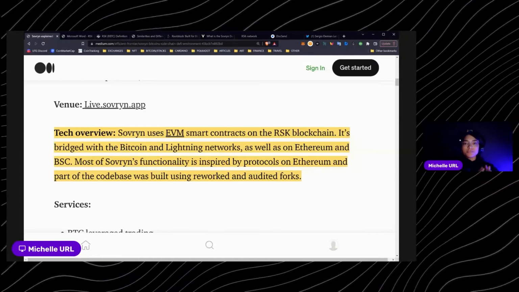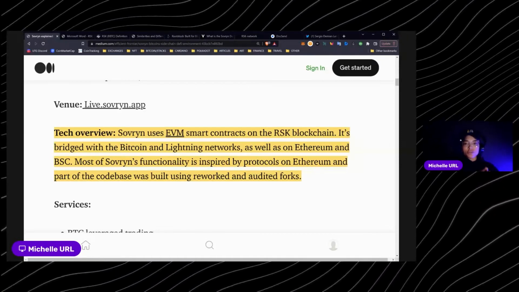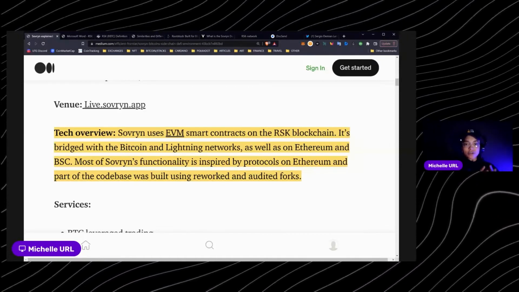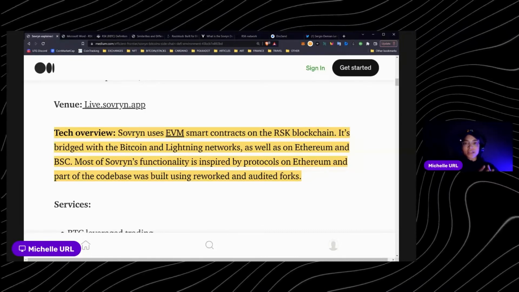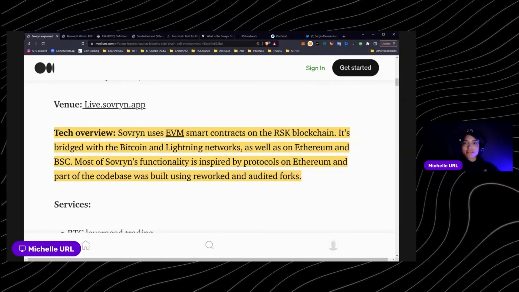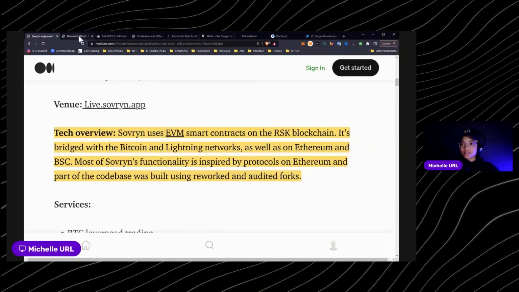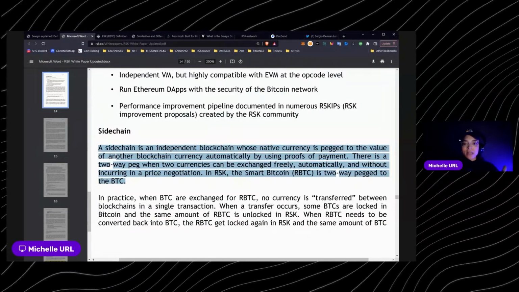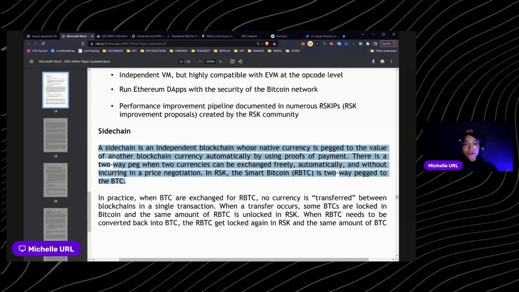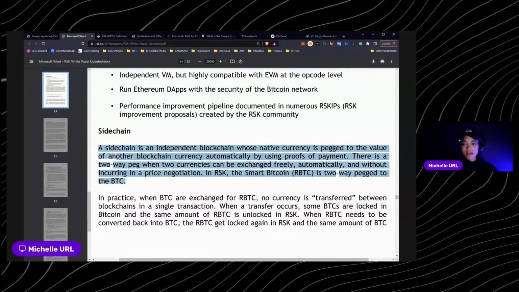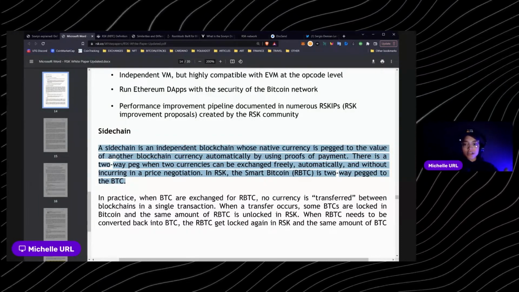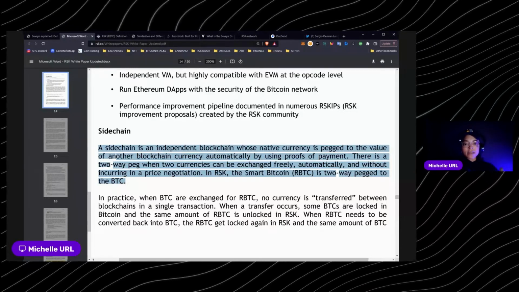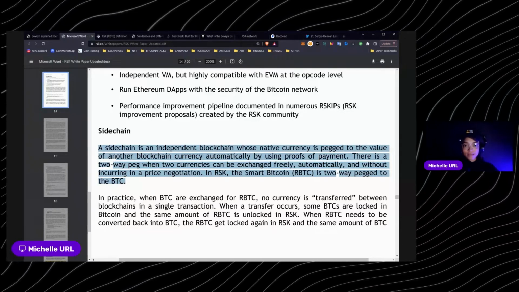But first, let's make sure we know what a sidechain is. So RSK is a blockchain, or better known as a sidechain, right? What is a sidechain? A sidechain is an independent blockchain whose native currency is pegged to the value of another blockchain currency automatically by using proofs of payment.